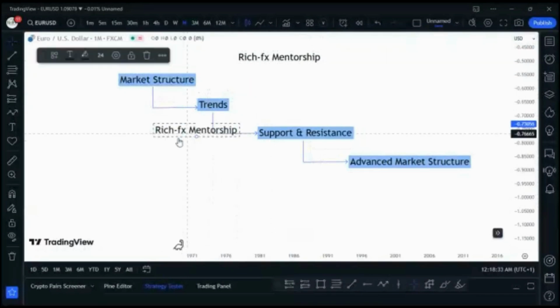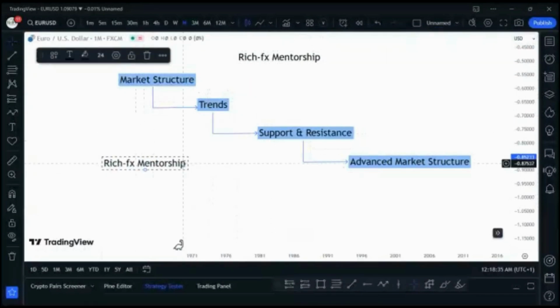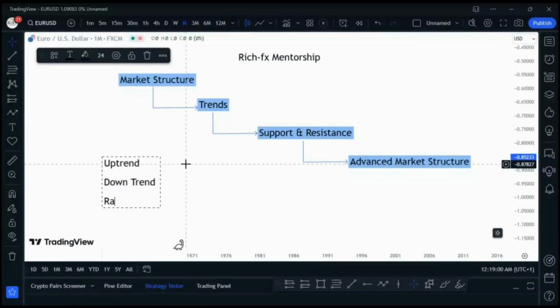We have the uptrend, we have the downtrend, and we have the ranging trend.